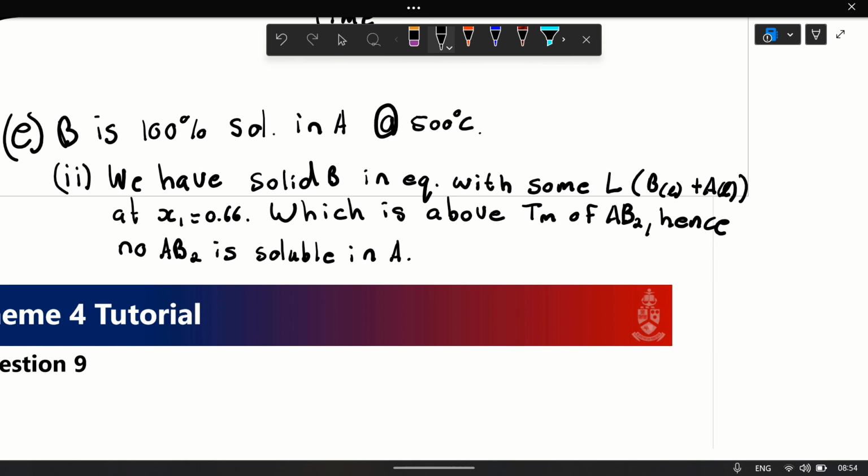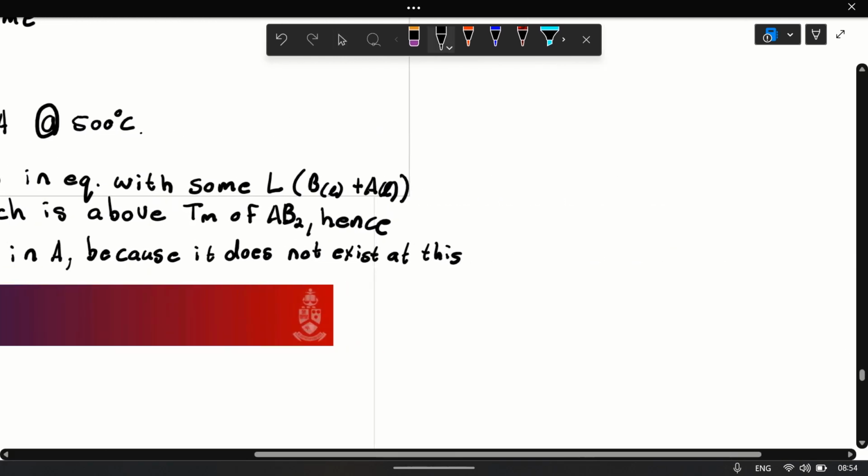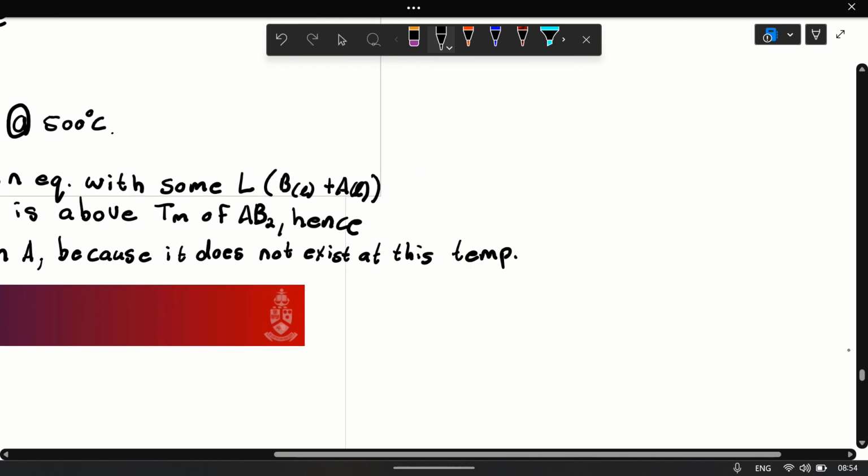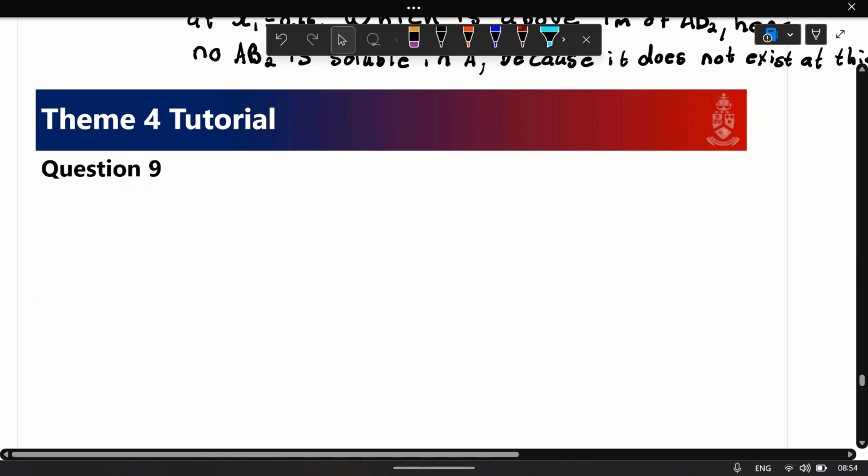So it's 100% soluble. It's a difficult question to really answer in that sense. So that's why I would rather say AB2 is not soluble, or it does not exist, because it does not exist at that temperature.